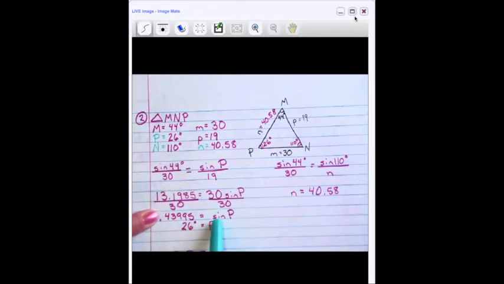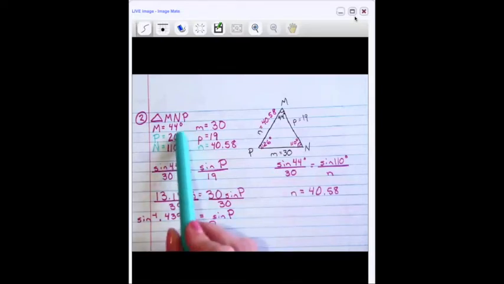Whenever I'm trying to solve an equation, I do the opposite on both sides. So if I do the inverse of sine, that's this symbol on your calculator. If you press shift and the sine key, it brings this up, and that cancels out the sine on this side. So we end up finding the angle P is about 26 degrees.